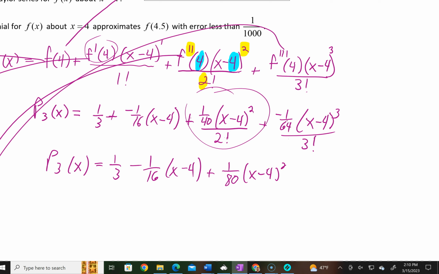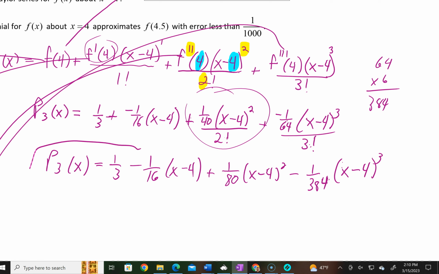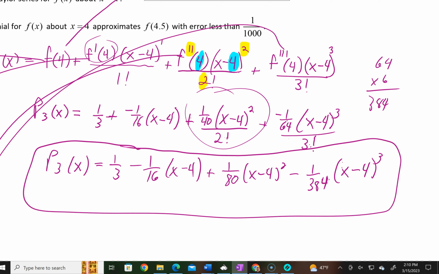Look, 64 is going to come down, but you also have a 6. So the question is, what's 64 times 6? That's going to be 384, I think you could figure out pretty quickly, whether you're using a calculator or not. And wow, here is your third degree Taylor polynomial. If they wanted me to go out further to a fourth degree, I could, and I'd do it basically the same way.